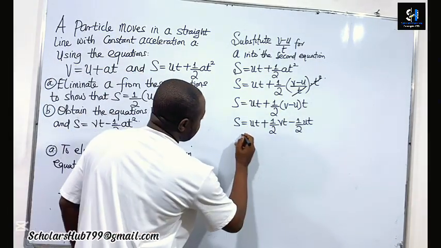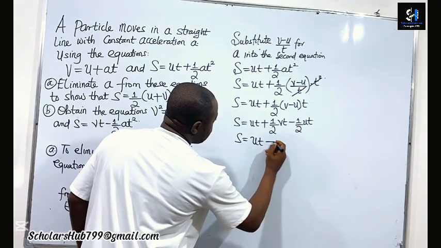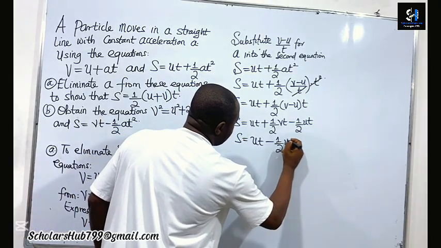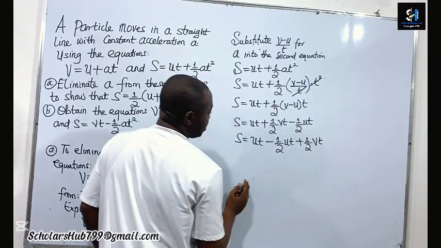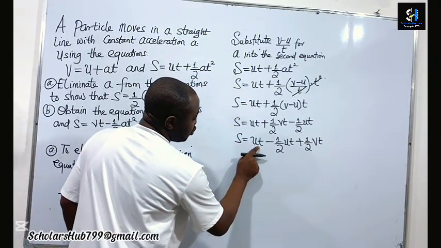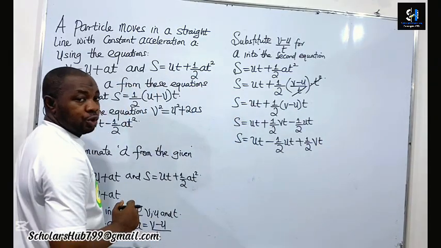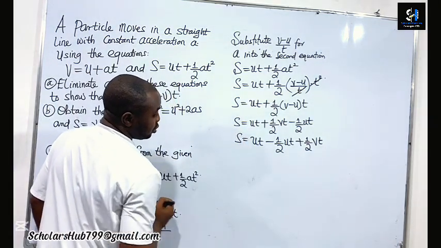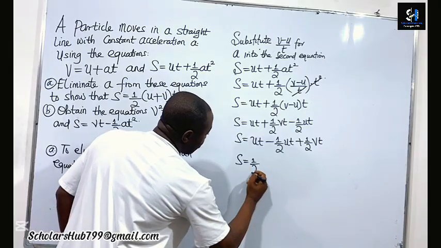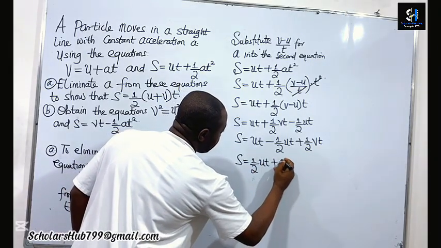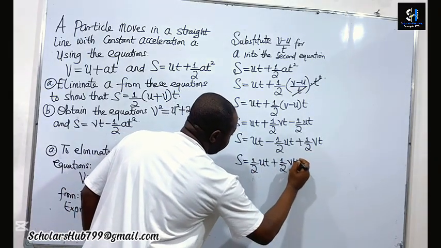So in this case, this will be ut minus 1/2 of ut plus 1/2 of vt. So 1 ut minus 1/2 of ut will equal 1/2 of ut. Which means we have 1/2 of ut plus 1/2 of vt.